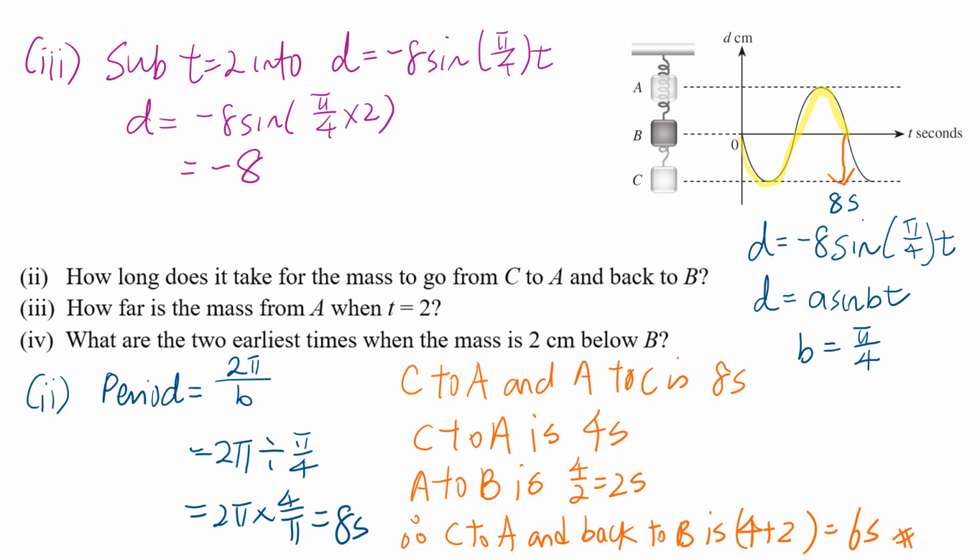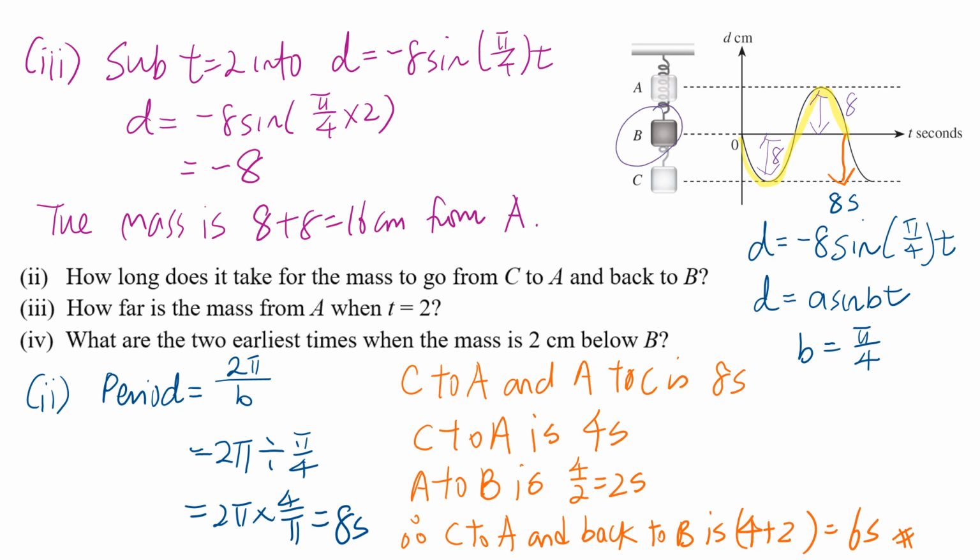So what does negative 8 tell you? It tells you that the mass is below the t-axis, point B. From the diagram, this is 8, and then you want to find from A, so this is another 8. 8 here and 8 here, because negative 8 means it's below point B.